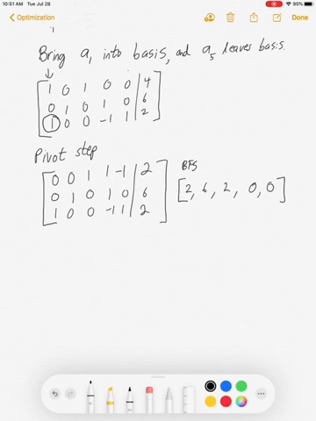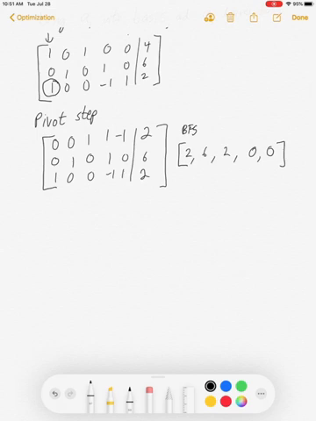So this is our associated basic feasible solution. Again, notice that it's just the last column, possibly reordered, but in this case it's not, just because the last column happens to be a palindrome. So it's really like the last 2 corresponds to the first 2. Okay, so anyway, that's our basic feasible solution.